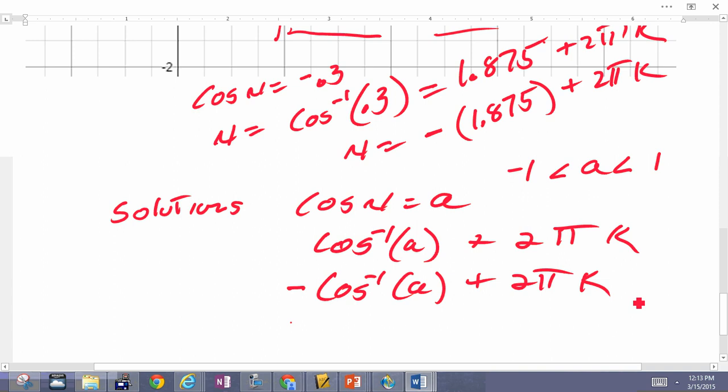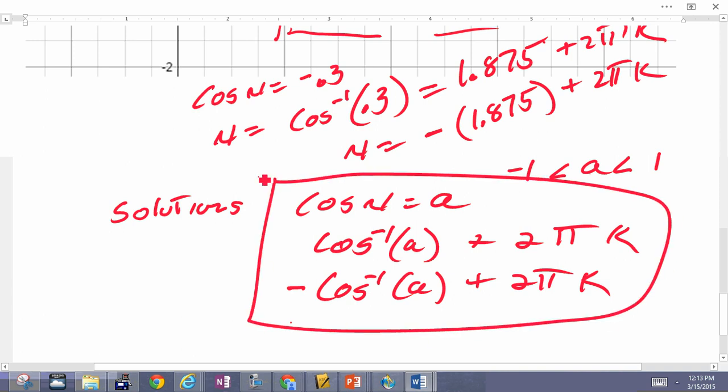And that should do it for solutions to the cosine of x equaling a for those values of a that are less familiar to us. So that should do it.